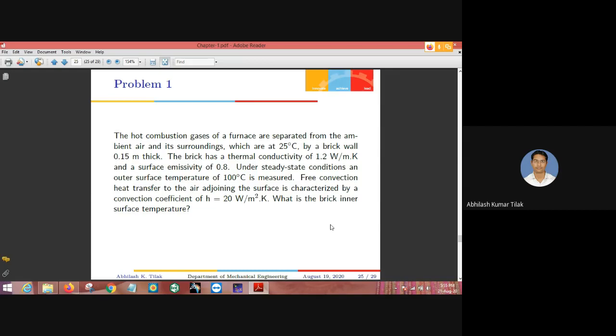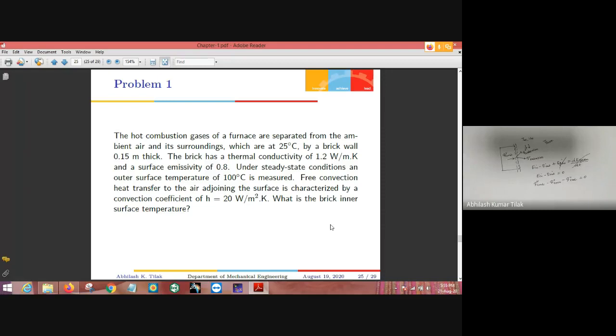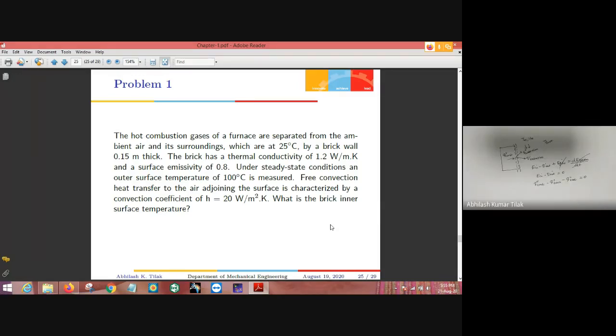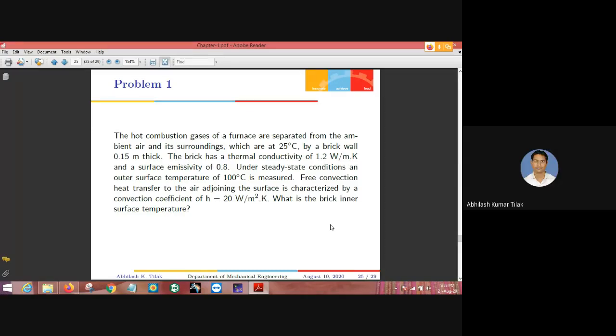The brick thermal conductivity is 1.2 watt per meter Kelvin, and the surface emissivity is 0.8. Under steady state conditions, the outer surface temperature is 100 degrees centigrade, and the free convection heat transfer to the air adjoining the surface is given by h equal to 20 watt per meter square Kelvin. It is asking what will be the brick inner surface temperature.